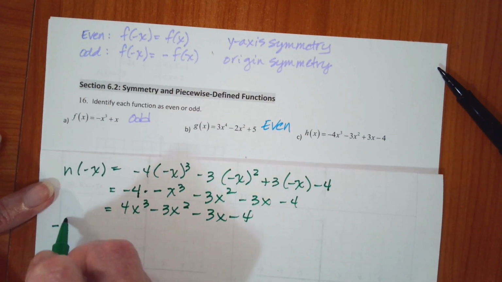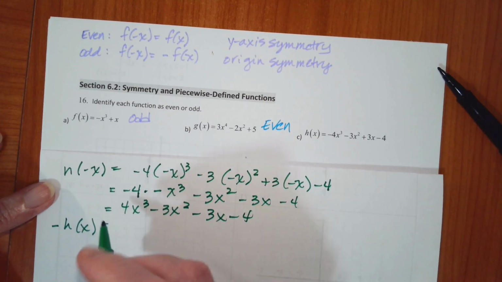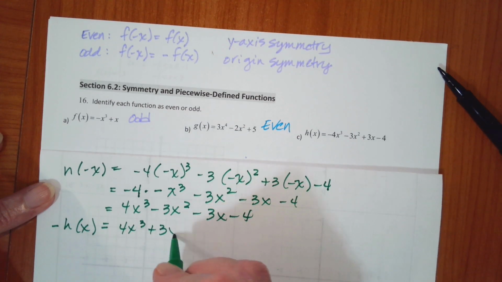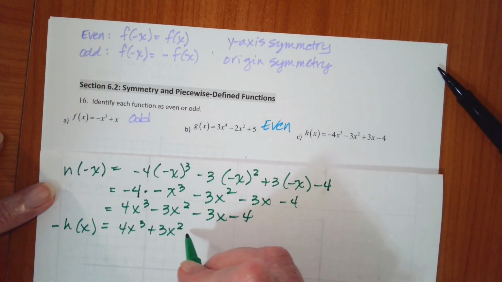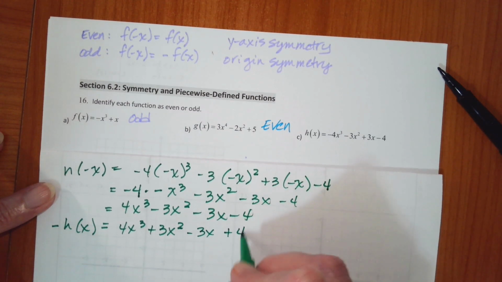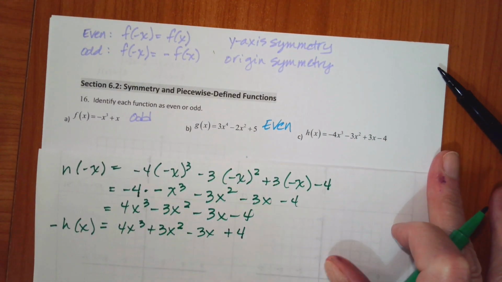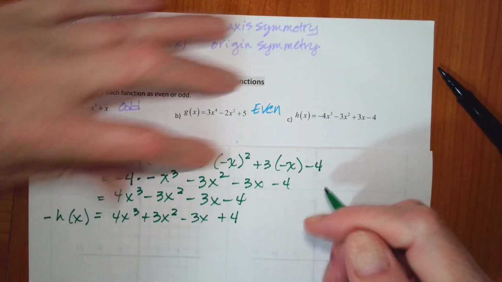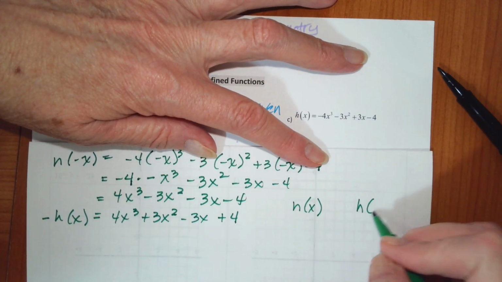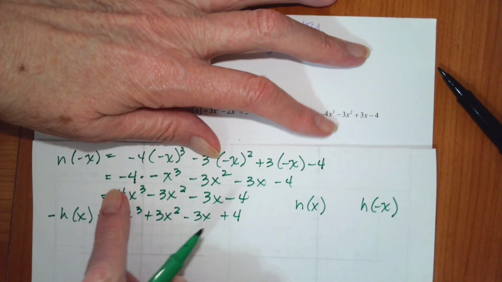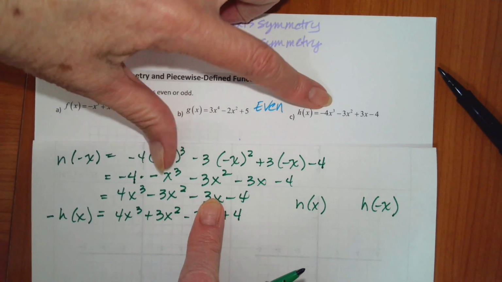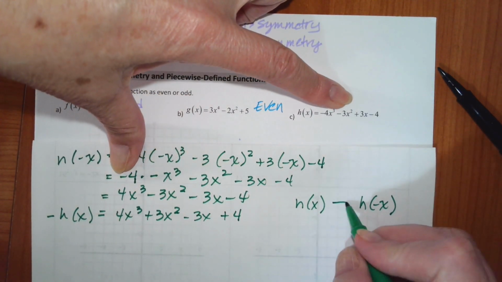All right, then negative h of x is going to be 4x to the third plus 3x to the second minus 3x plus 4. Okay, so if I compare h of x and h of negative x, they are not the same.